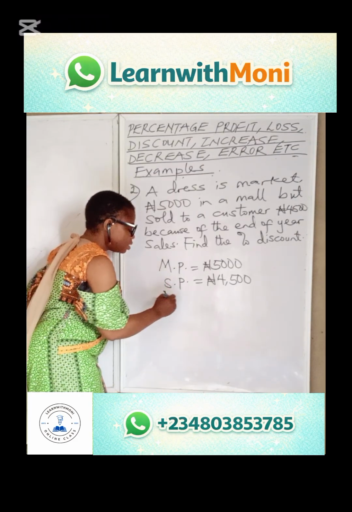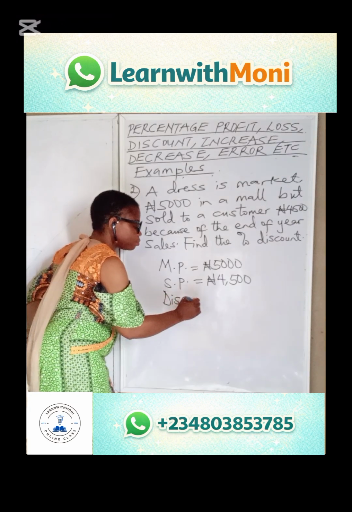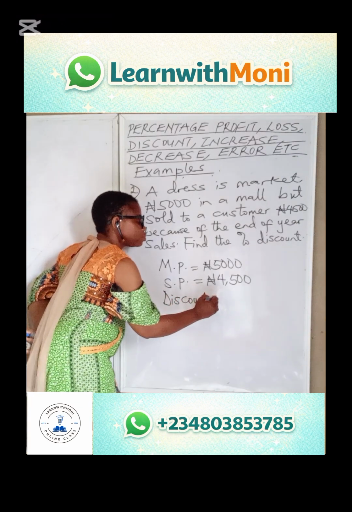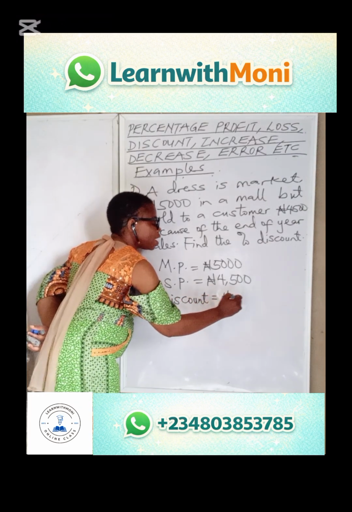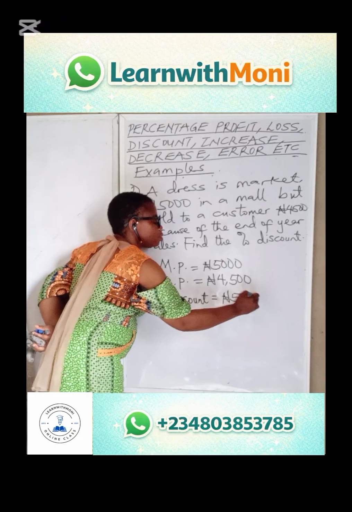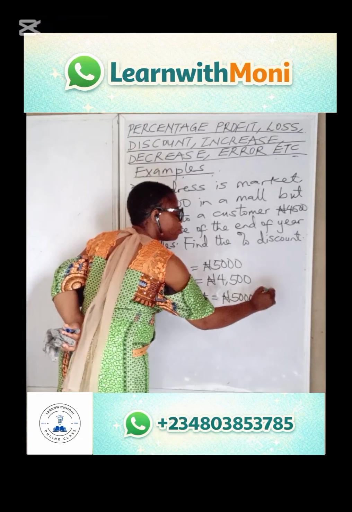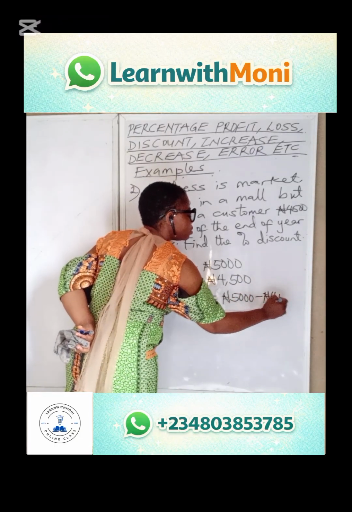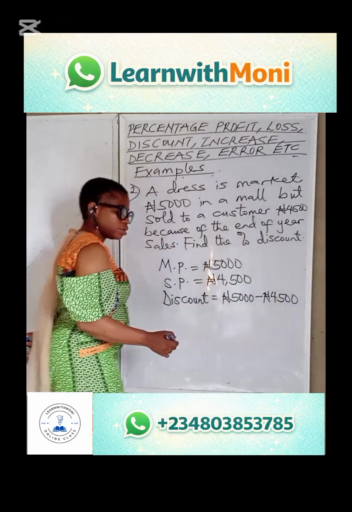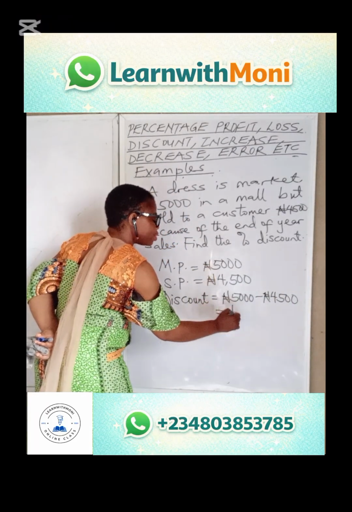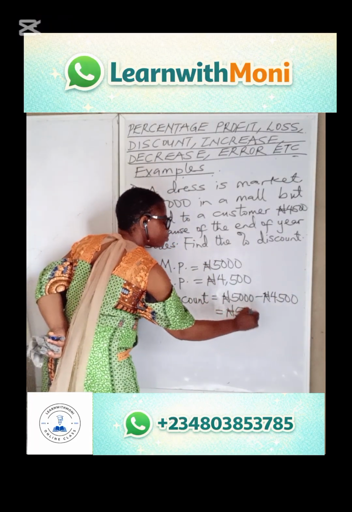So that means the actual discount is 5,000 take away 4,500 naira, and that is giving us 500 naira. That is the actual discount.